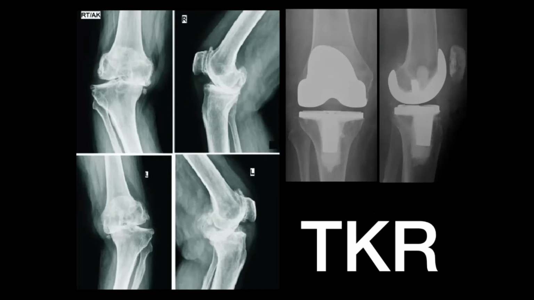The aim of today's talk is not to say that every type of osteoarthritis can be managed with high tibial osteotomy. In a very degenerated, severely osteoarthritic knee, you cannot advise high tibial osteotomy. TKR is still the best solution for these types of knees.